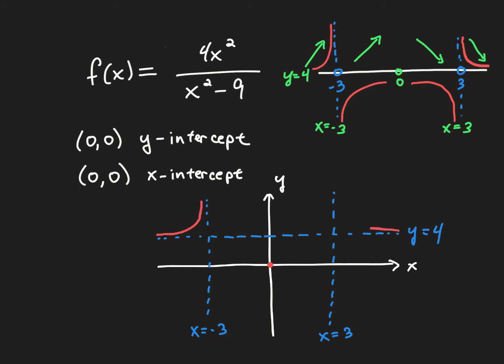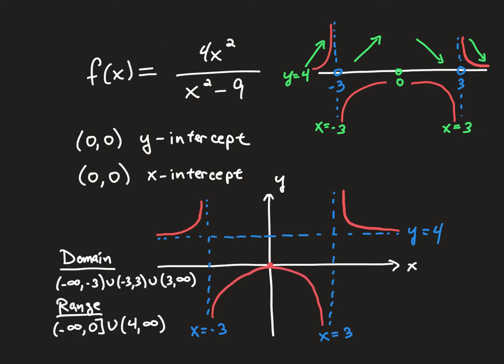So there's my vertical asymptotes and the horizontal asymptote as I sketch that. The graph does go through 0, 0, and then I'm following the concave down and the concave up rules that I had from the second derivative. That's my local max. I'm following the rules for the limits that we had from the left and from the right. And then we can see our domain is going to be everything in the reals except we're going to pull out minus 3 and 3.